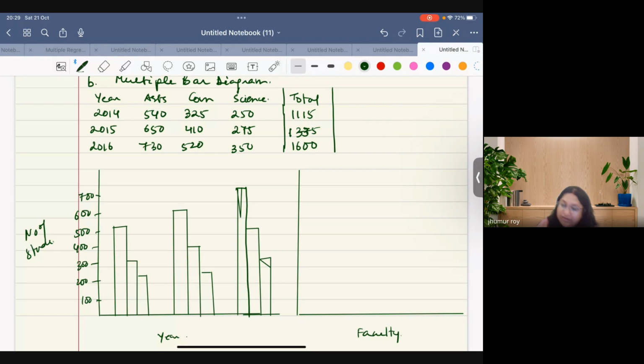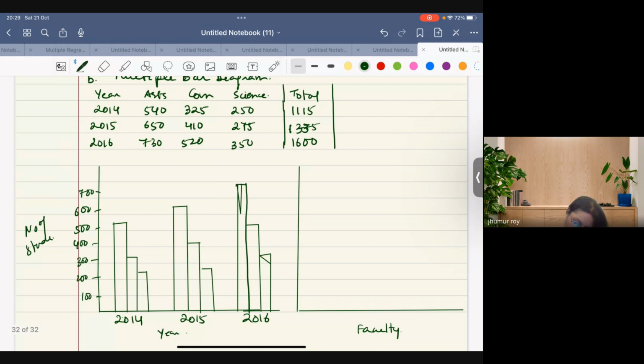Now, if you see over here, you write down year over here. So this will be 2014, what happened? 2015, what happened? 2016, what happened? So now, if I'm just drawing bars like this, you cannot make out which bar is standing for what. So now what I do is for arts, I say I'm going to draw lines like this.